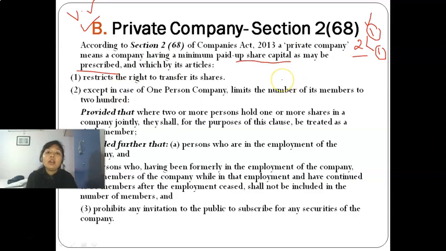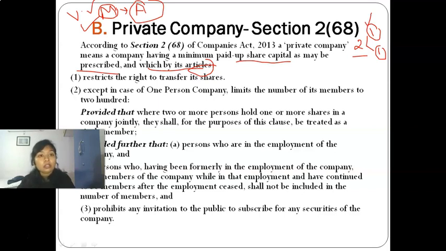So a private company means a company having minimum paid up share capital as may be prescribed, and which by its articles of association, means there is a memorandum which I had already discussed, and after that there is an article thing. What do you mean by article? Memorandum basically comes under the Companies Act, means all the provisions of the Companies Act, the objects of the company, the liability, the registered office of the company, all these details are given under the memorandum.